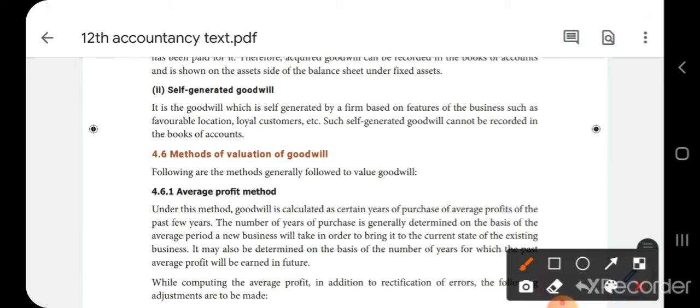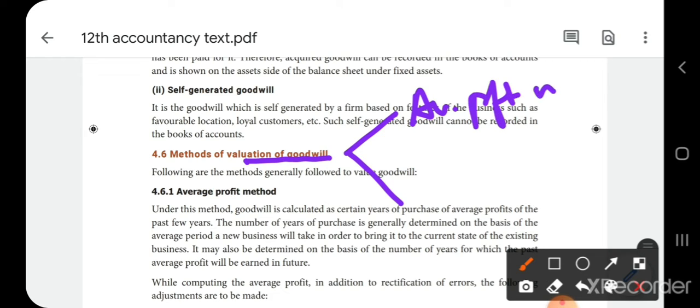So methods of valuation of goodwill, you have two types. First one is average profit method and super profit method.